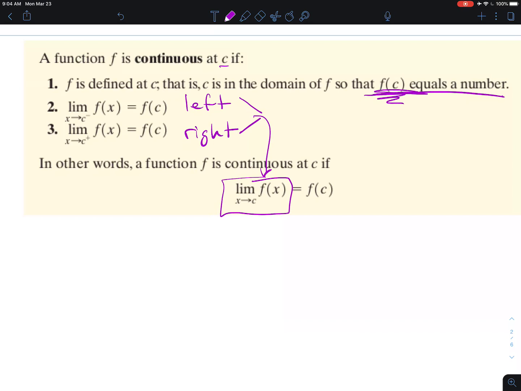And if that limit as x approaches c of f of x equals f of c, meaning graphically, if from the left it's going to some point, and from the right it's going to some point, and it exists at that point, this is what we would say is continuous. Had that point been somewhere else, so even though the limit exists, but the point was somewhere else, all of a sudden it's not continuous. Think of it as you ought to be able to draw the graph without picking up your pencil.